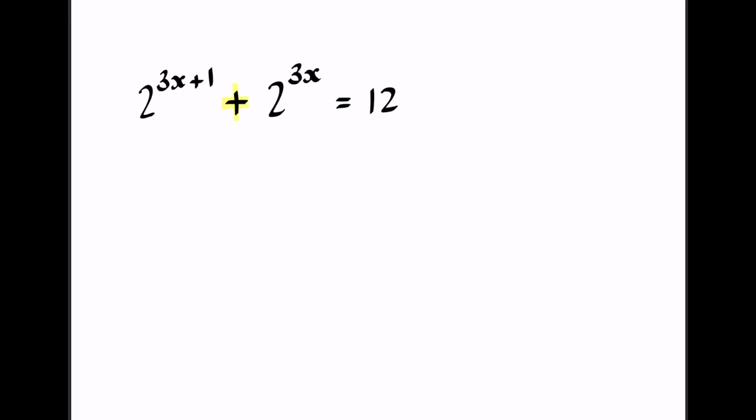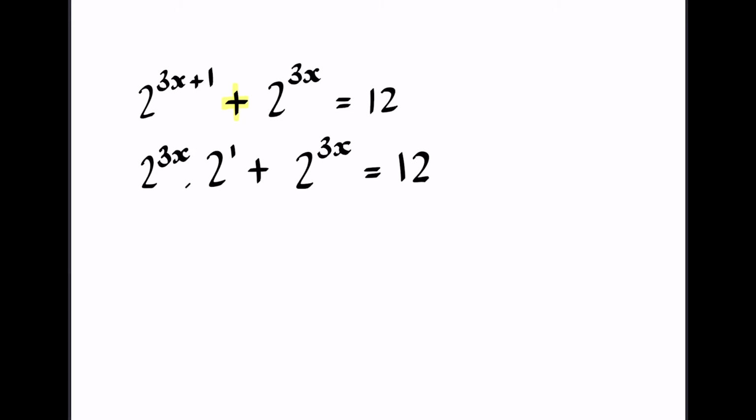So what does that mean? That means that I want to take this 2 to the power of 3x plus 1 and break it up. So this is 2 to the power of 3x multiplied with 2 to the power of 1, plus 2 to the power of 3x, equal to 12.